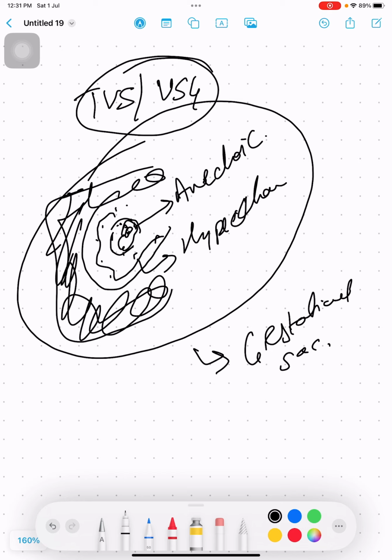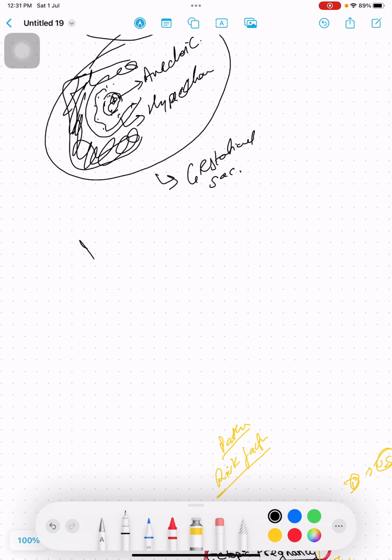In the case where the product of fertilization is implanted in the fallopian tube, you'll see the true sac in the fallopian tube. And in the endometrium, you will see a pseudosac.